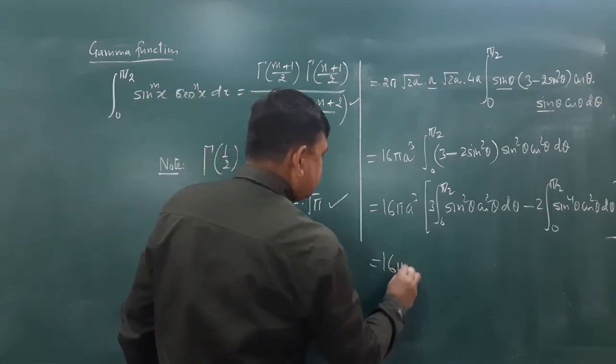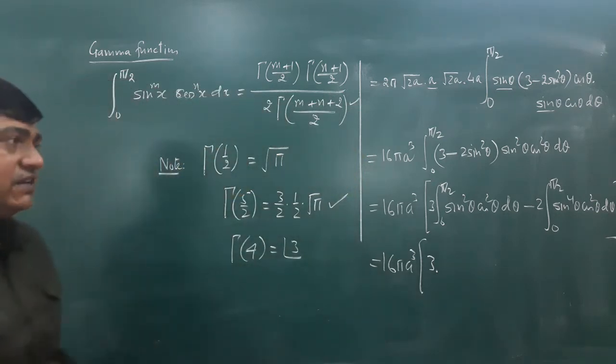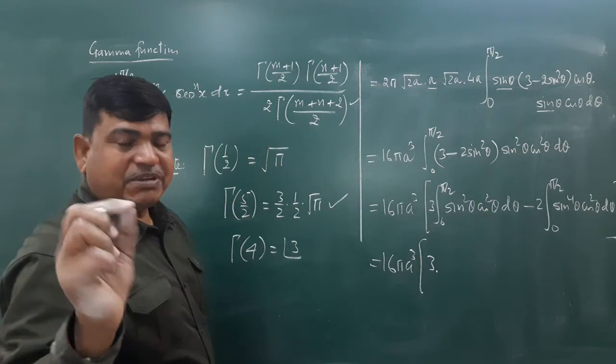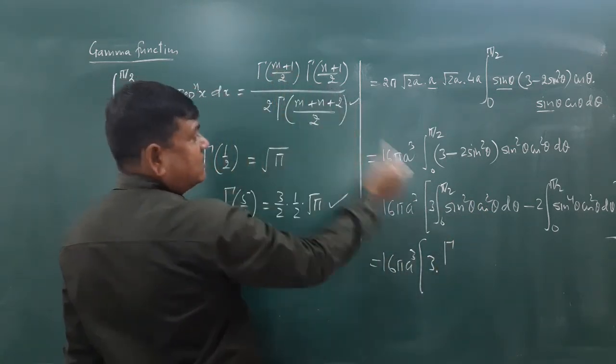This is 16 pi a cubed, 3 times. Write the answer. m is 2 and n is also 2. So m and n both are equal. So here it is gamma m is 2.